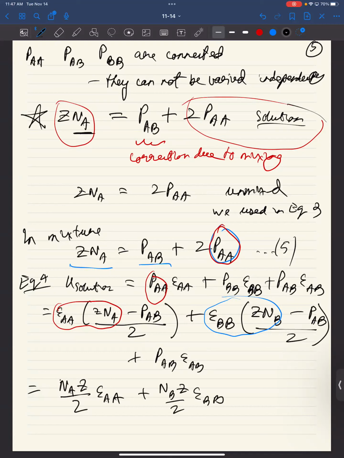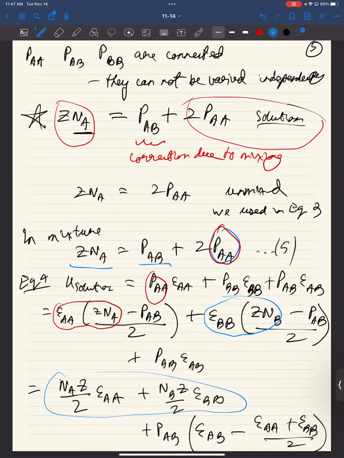And everything else is proportional to PAB, right? So we can put PAB outside, and that becomes PAB multiplied by epsilon AB minus epsilon AA plus epsilon BB by 2. Almost there.